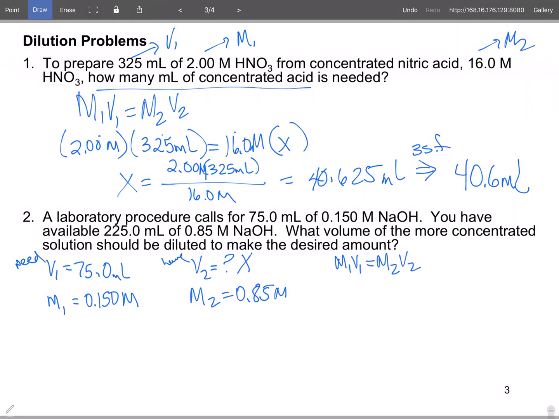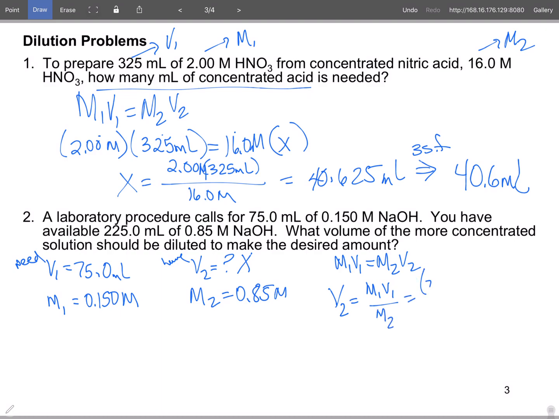Now in the first one, I set it up, substituted it, and ran it. In this one, I'm looking for V2, so I'm going to go ahead and rearrange it. So M1V1 over M2.